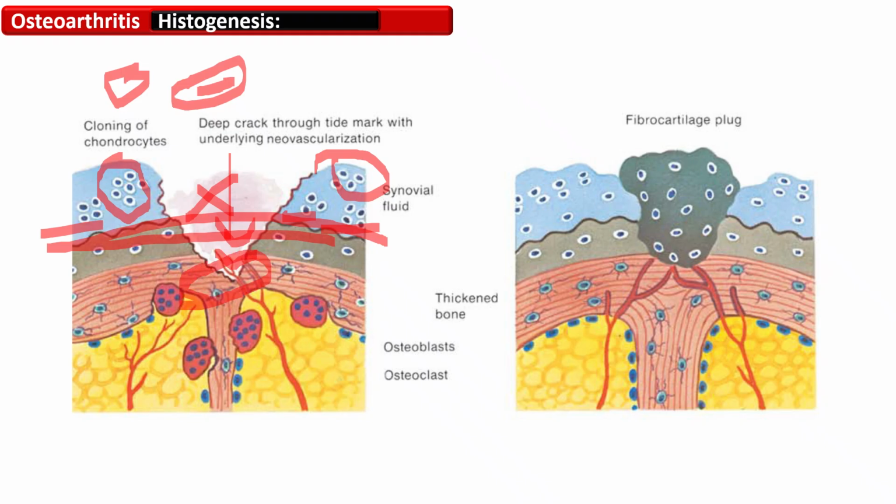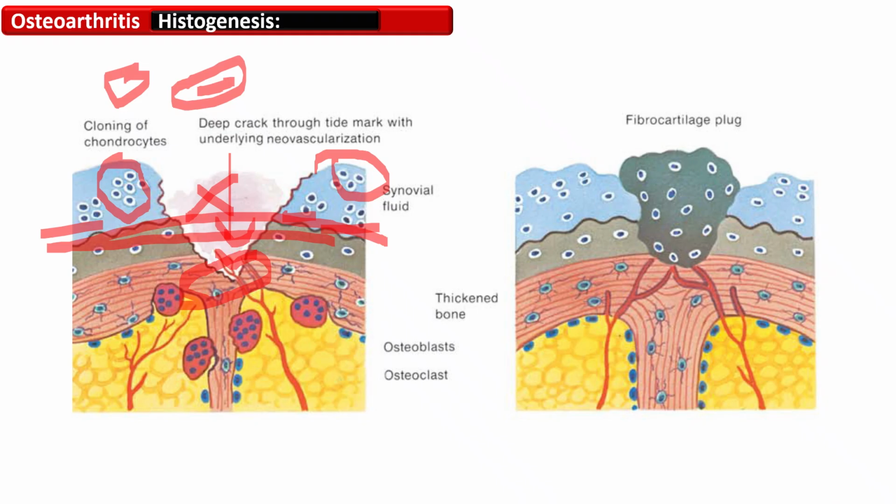Some part of the bone starts resorption due to osteoclastic activity, and as you know, there is simultaneous osteoblastic activity and osteoclastic activity. They both go hand in hand, and due to these activities, the underlying bone is going to be thickened.